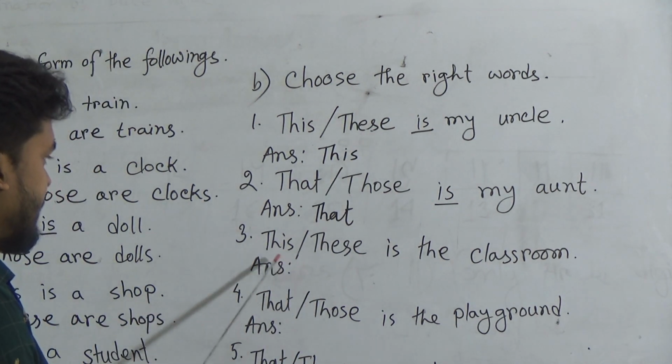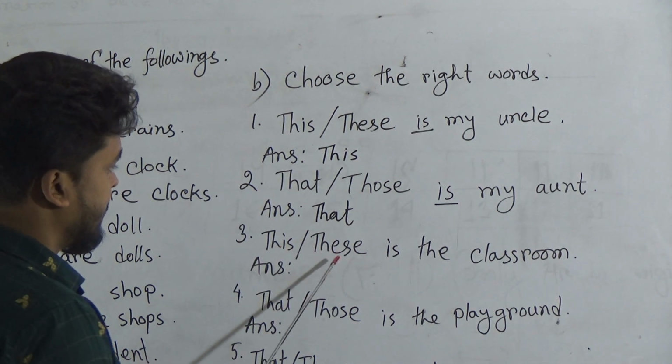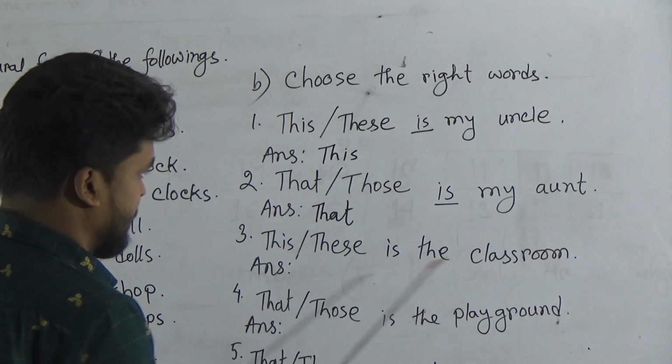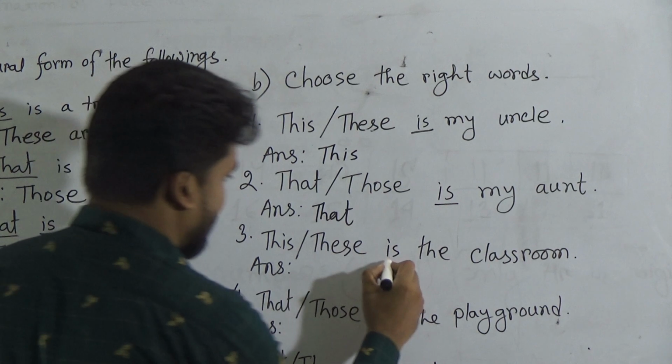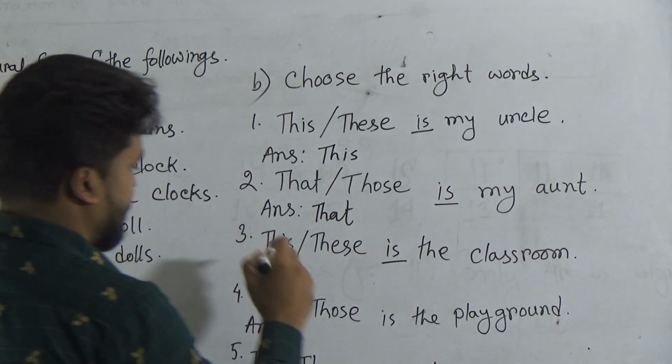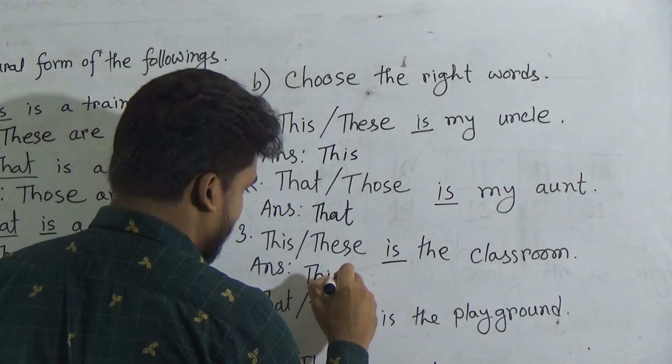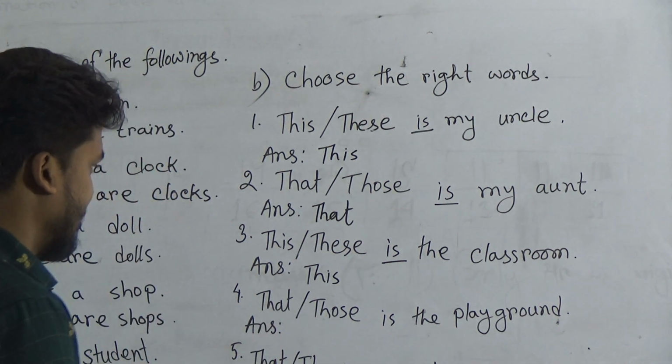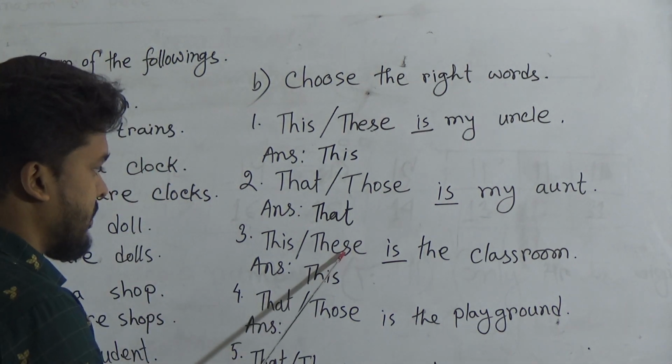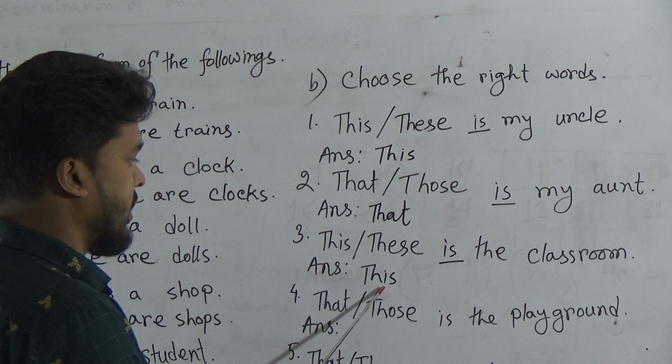And number 3, this is the classroom and it is a singular verb. That's why we have to use a singular pronoun. Here will be a singular pronoun.